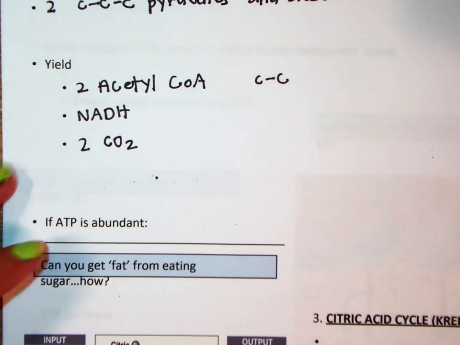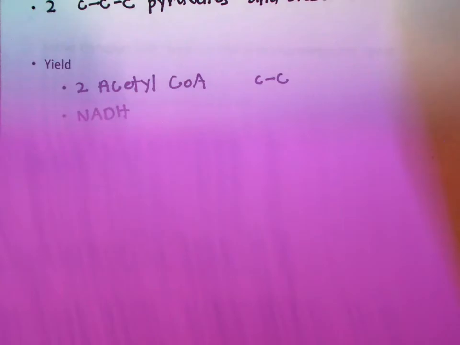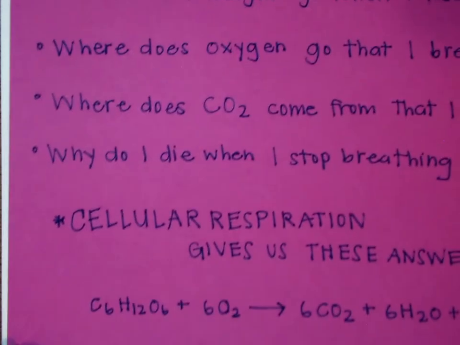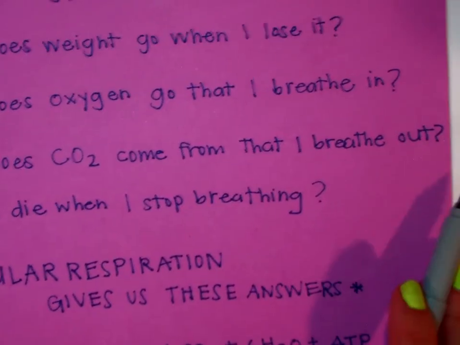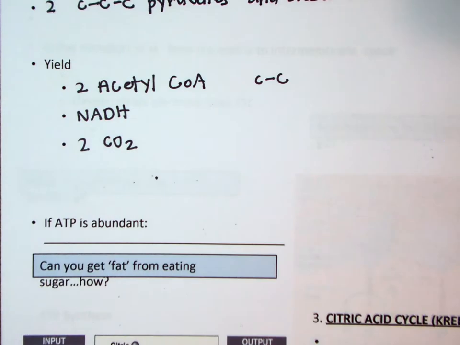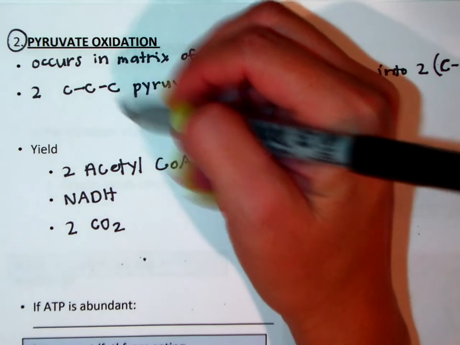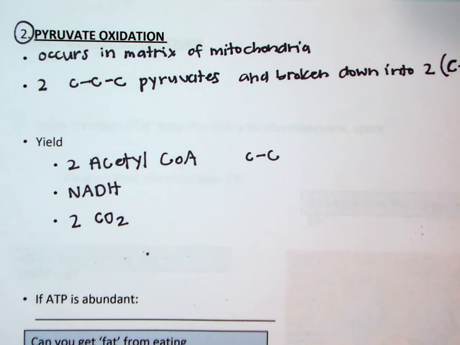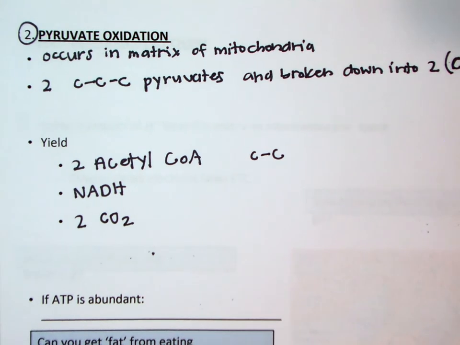So to answer one of our questions here. Where does CO2 come from that I breathe out? Some of it comes from these carbons breaking off and being released as essentially a waste product, a byproduct of CO2. Your cell gets rid of it, it goes into your bloodstream, and you breathe it out.